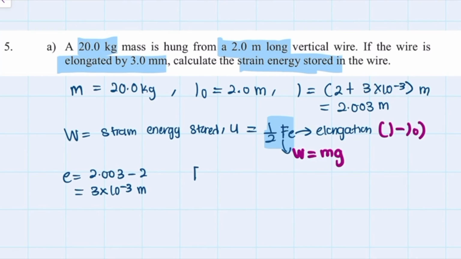And the force can also be found. Force is equal to weight. Thus weight equals mg, 20.0 times 9.81, then you will get 196.2 Newton.